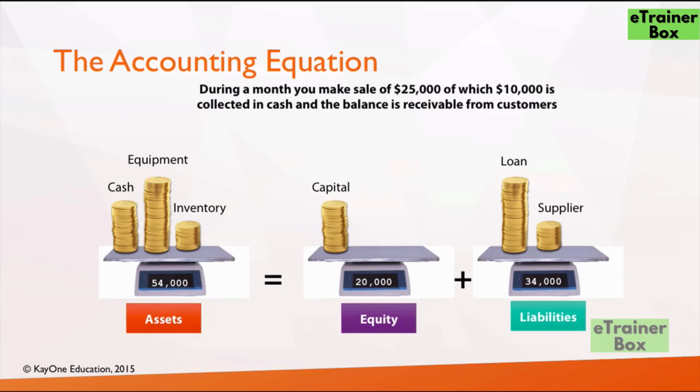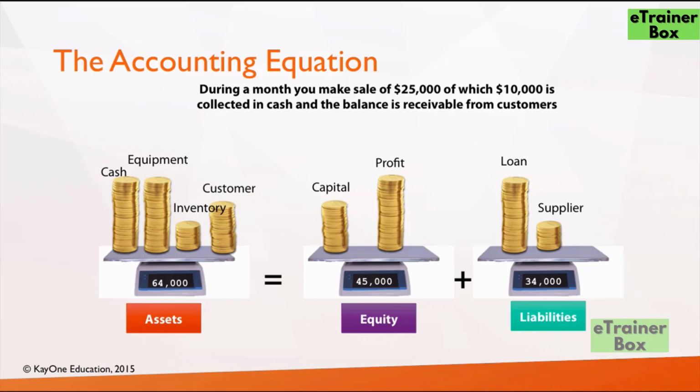Next, let's assume that during a month you make a sale of $25,000, of which $10,000 is collected in cash and the balance is receivable from the customers. So you made profit of $25,000, and that appears on the equity side, and therefore your total equity goes up from 20,000 to 45,000. Same way, on the asset side, since you've collected cash, your cash increases, and therefore your assets go up from 54,000 to 64,000.